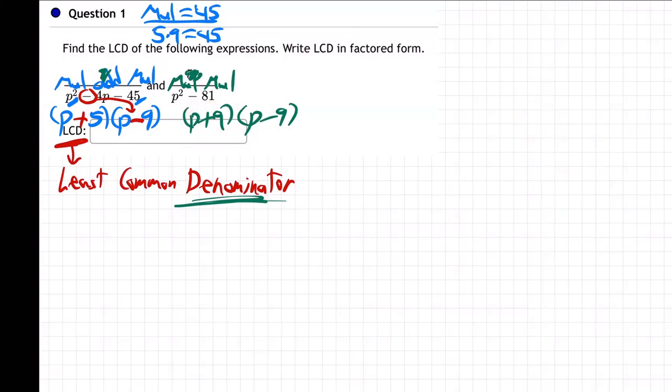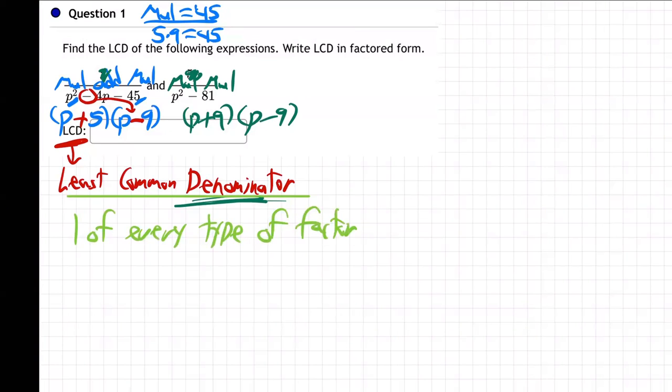Okay, so what's the least common denominator now? Well, the least common denominator, write it out, is one of every type of factor, to the highest power shown.